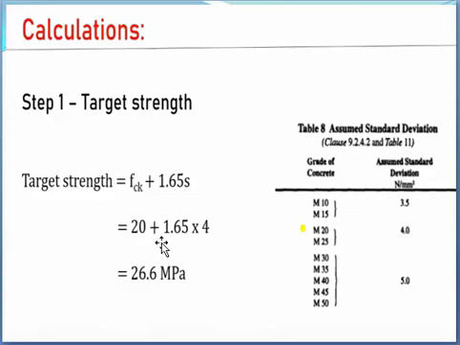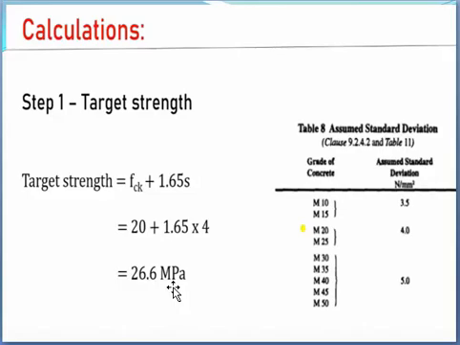So 20 plus 1.65 multiplied by 4 becomes 26.6 MPa, that is, Newton per mm square. So students, we are going for the design of M20. 20 is your characteristic strength at 28 days of curing in Newton per mm square, so that is not our target strength.